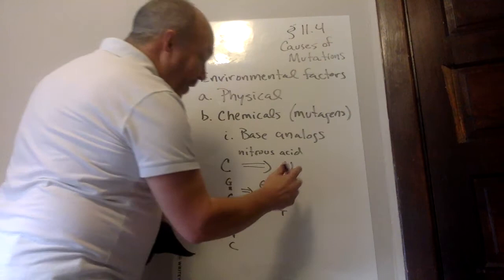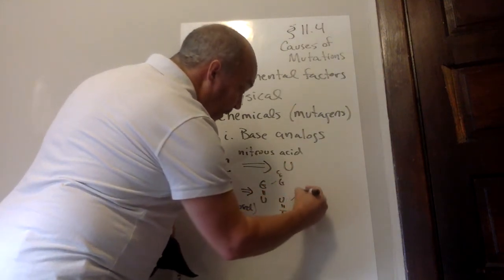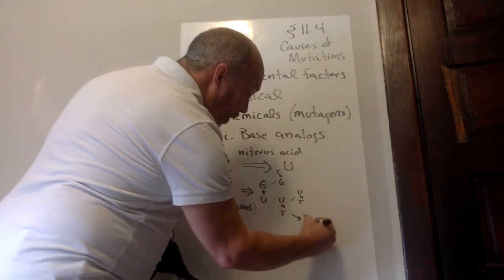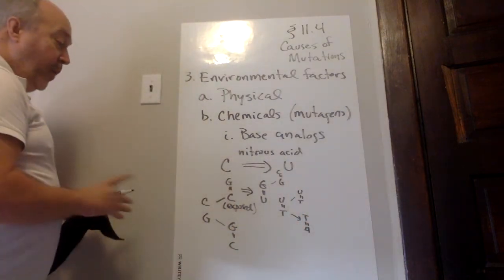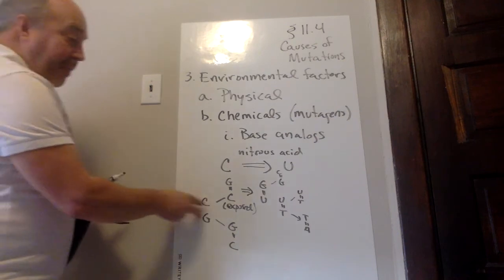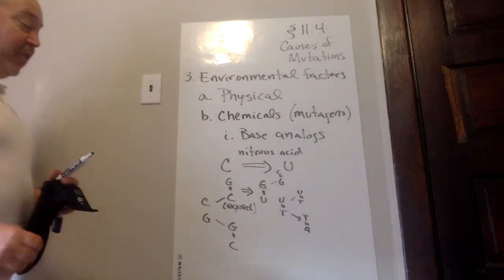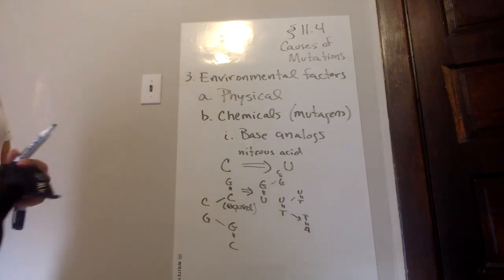So now the next iteration, this one will still bond with another T, and now this one will begin to bond with an A. What started off in this space was a C and G, but now along this line and along this line, we have a mutation because of a chemical exposure.